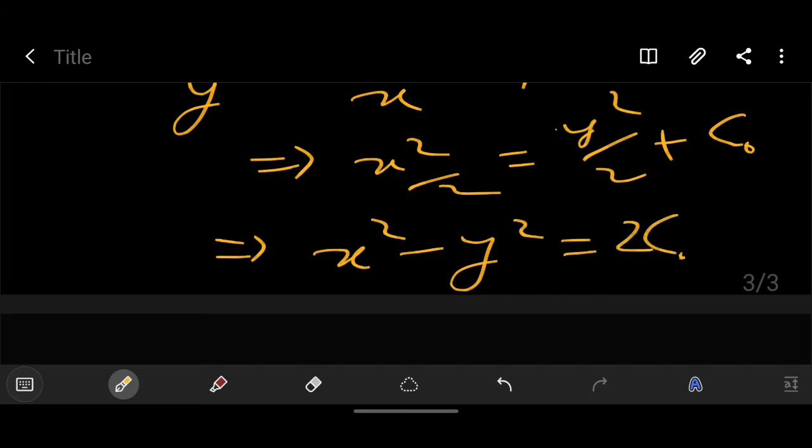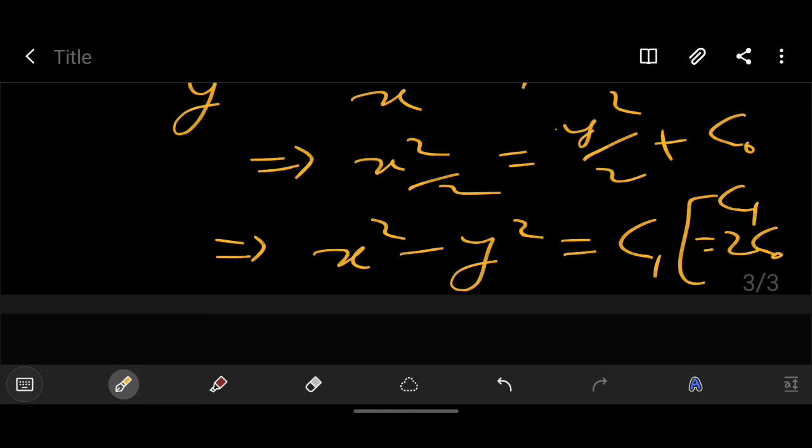We can denote this 2c naught by another constant, say c1. So c1 is nothing, just 2c naught. Instead of writing 2c naught, we just write c1, which are just the same.